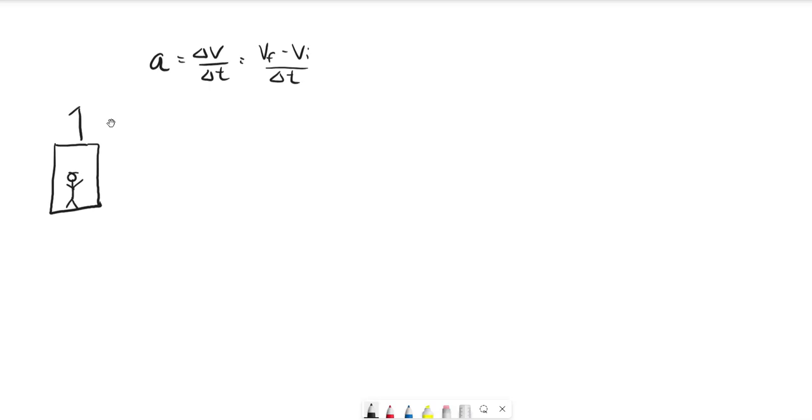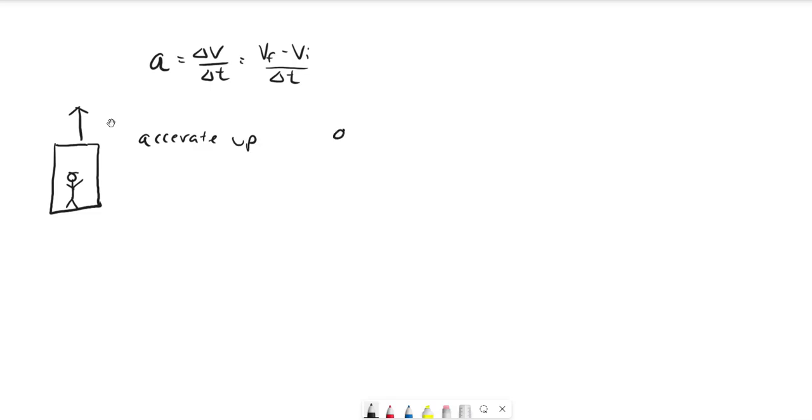So let's just think about the differences between going up in an elevator and going down in an elevator. Let's remember that acceleration is the change in velocity over the change in time. So that's the final velocity minus the initial velocity over delta t. We rarely talk about the actual velocity in these elevator problems, but if we think about it, when we're going up, we're starting from rest and starting to accelerate upward.